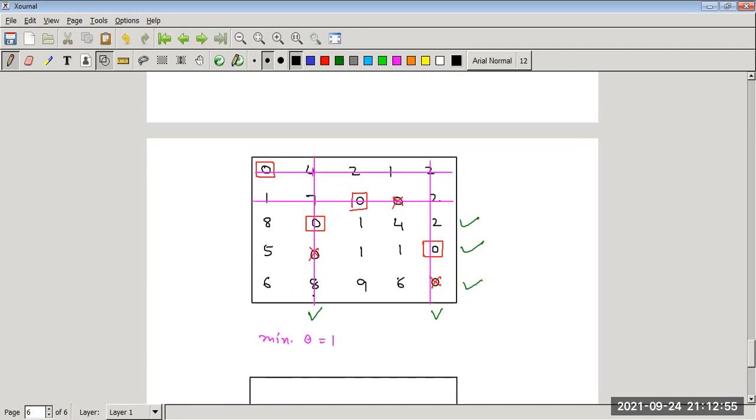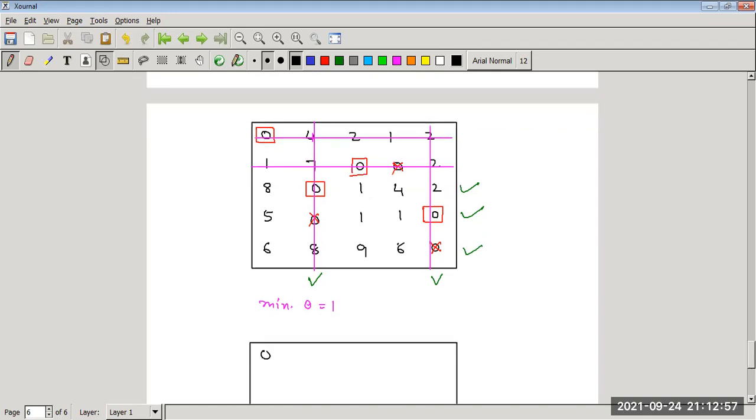Okay. Now 0 remains 0. 4 becomes 4 plus 1, which is 5, because 2 lines are passing through it. 2 remains 2, 1 remains 1 and 2 becomes 3. 1 remains 1, 7 becomes 8, 0 remains 0, 0 remains 0, 2 becomes 3.